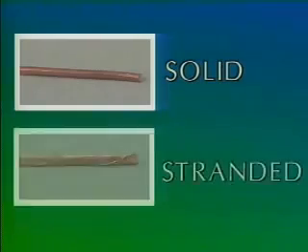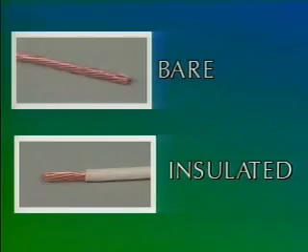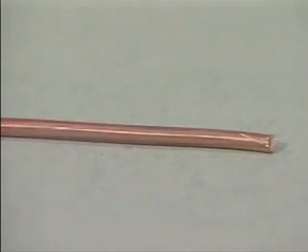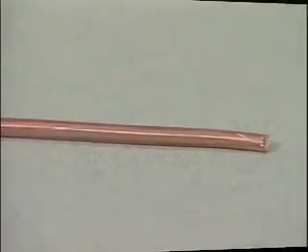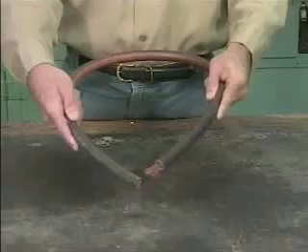Now let's see how conductors can be constructed. Conductors can be either solid or stranded, and they can be either bare or insulated. A solid conductor is a single strand of wire. A stranded conductor consists of several strands of wire wound together to form a single conductor.